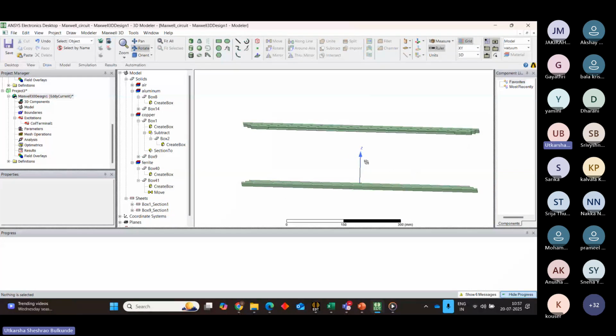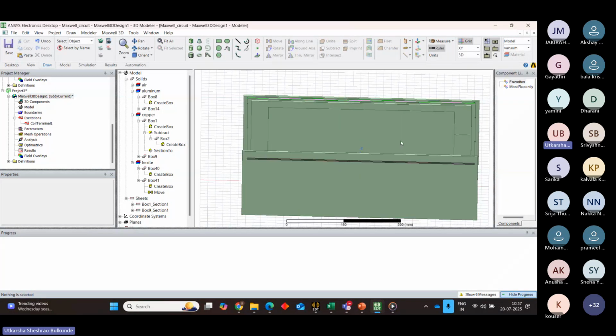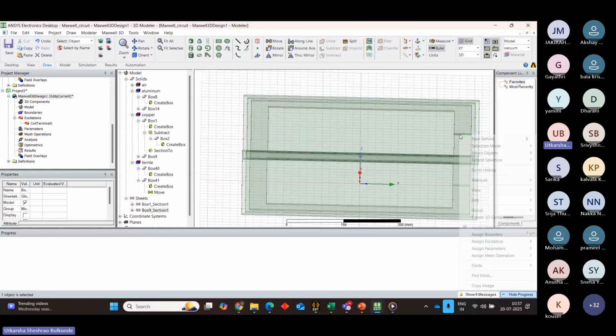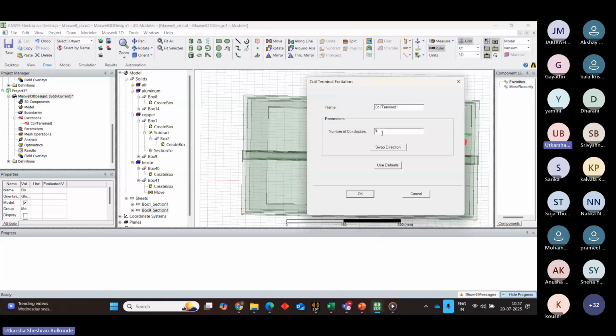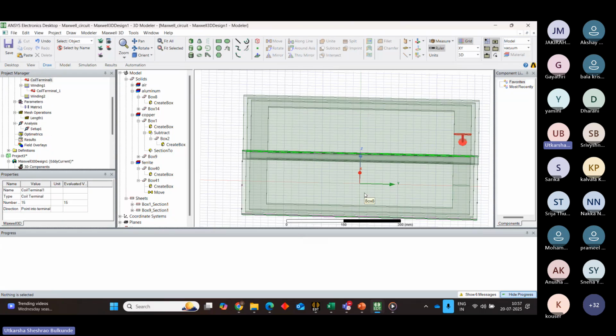One coil terminal, we are done with one coil terminal. Then second, select the terminal, select excitation, coil terminal, number of conductors 15, same direction. Okay. If you are choosing this direction for the below coil, the same direction should be followed in the receiver.